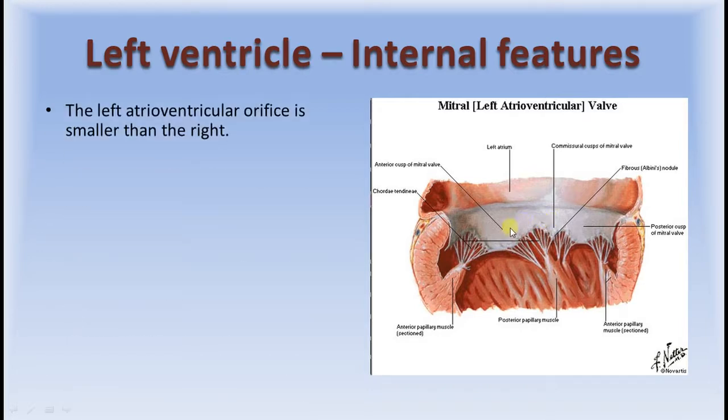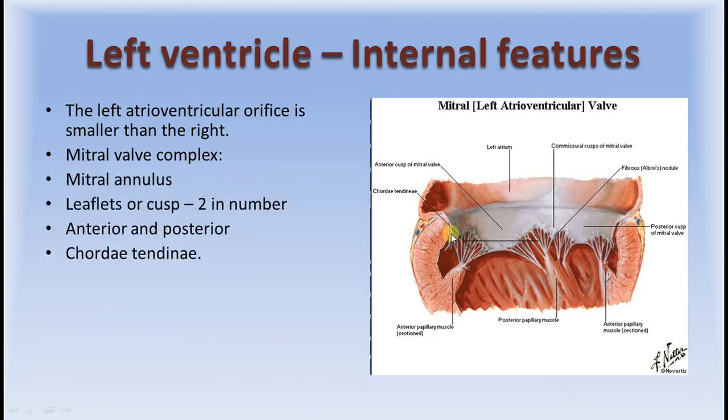Now the atrioventricular orifice is actually smaller than the tricuspid orifice. Okay, it is somewhat smaller, and the mitral valve complex is made up of leaflets or cusps. There it is 3 cusps. Here it is only 2, anterior and posterior.